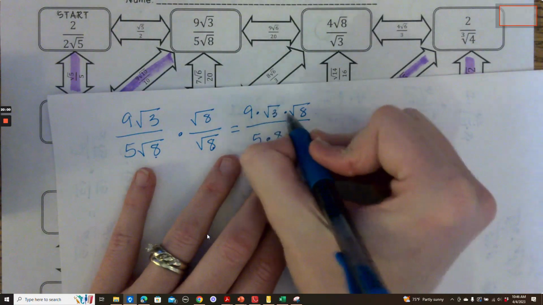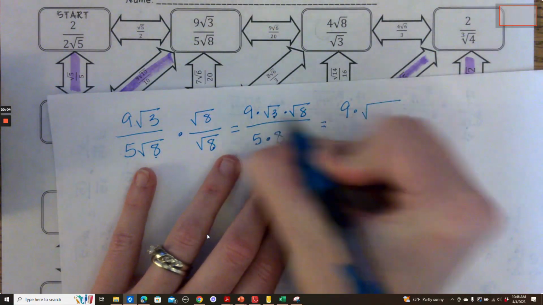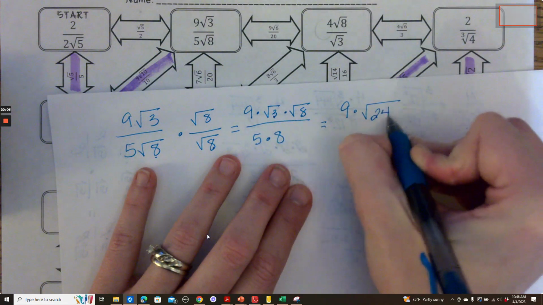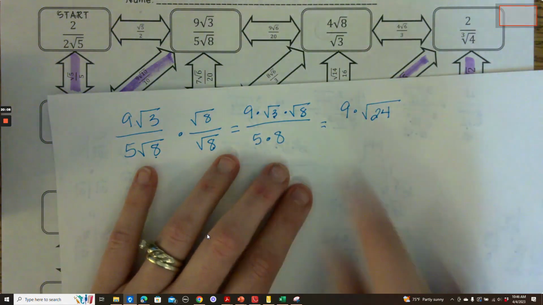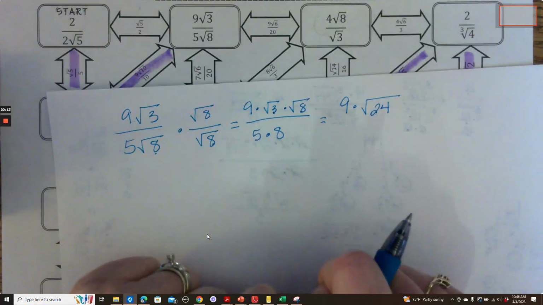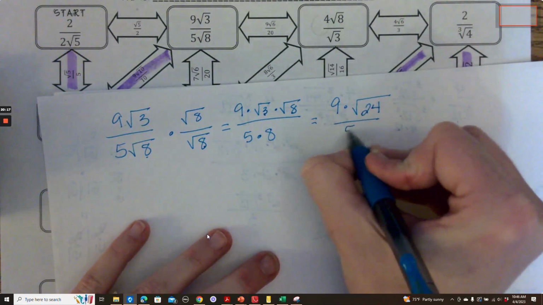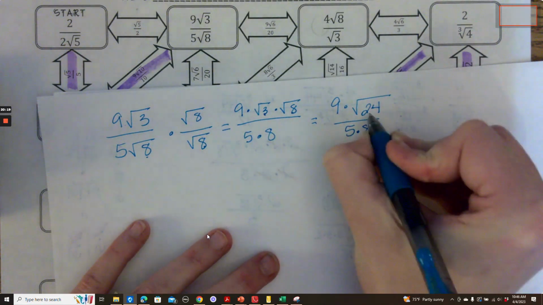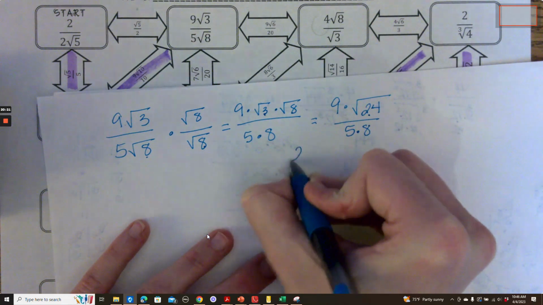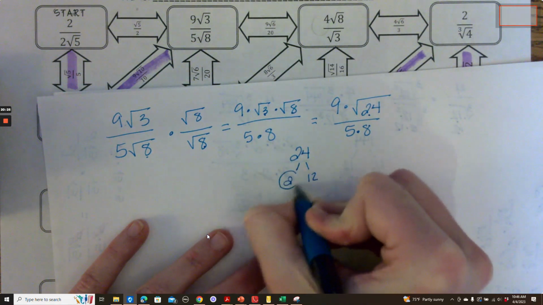Okay, radicals. Keep the radical. 3 times 8 is 24. Does everybody see where I pulled that 24 from? Combining those radicals. And I'm going to leave this as 5 times 8. All right, 24. Let's see if it'll break down. 2 and 12. 8 and 3.